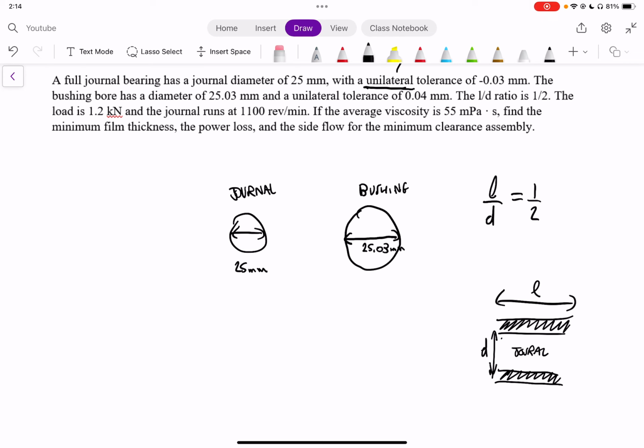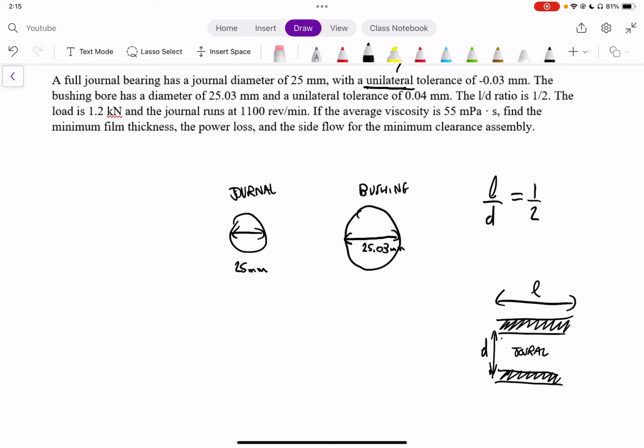So the L over D is important for our design because we need to keep it to 1/2 or 1 or simple numbers if possible, and there are different results for different L over D ratios because of how bearings behave. We're then told the load is 1.2 kilonewtons, and the journal runs at 1,100 revs per minute.